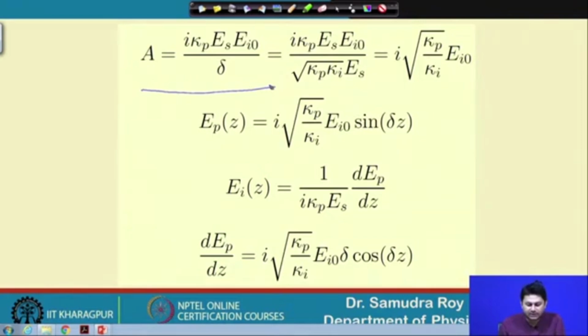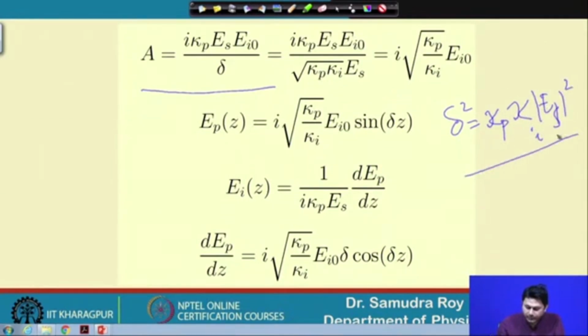Now, next I put the value of delta, because if you remember, delta square was kappa p kappa i mod of Es square. So, delta is root over of kappa p kappa i and Es.